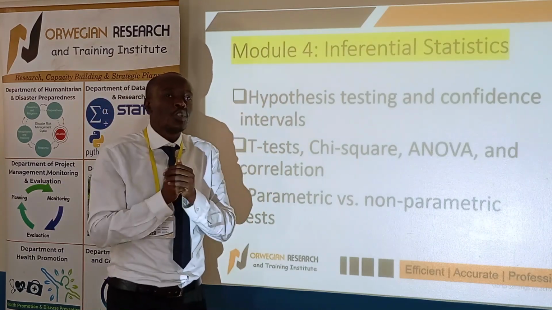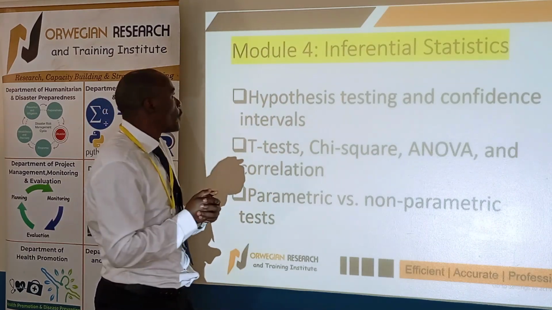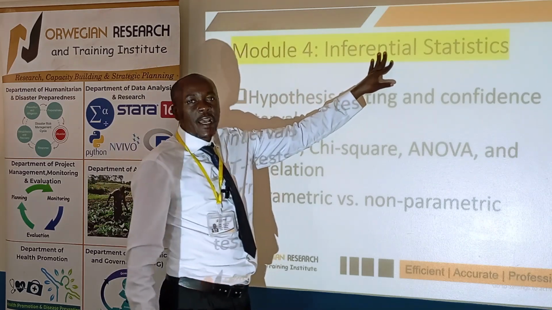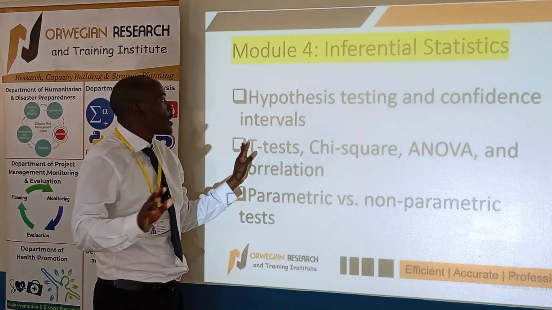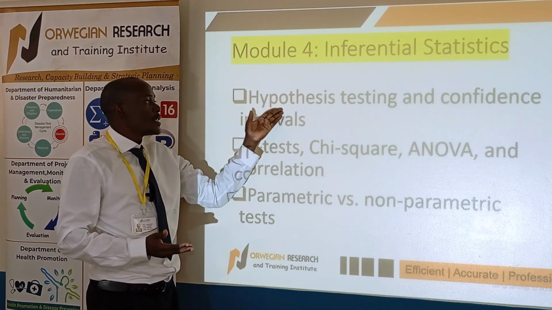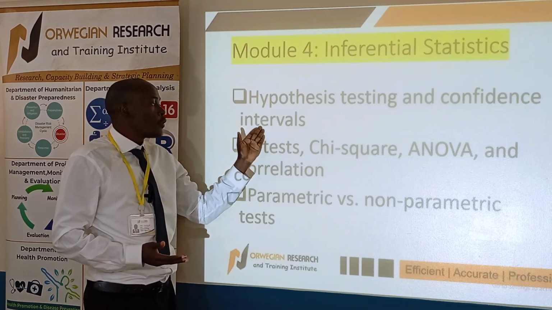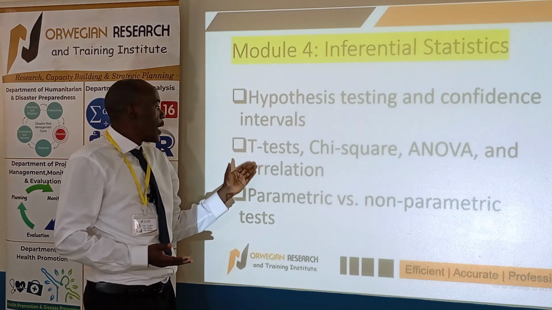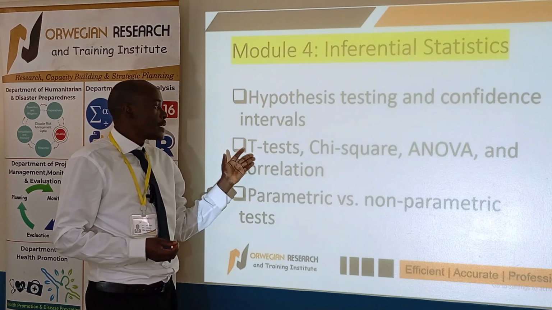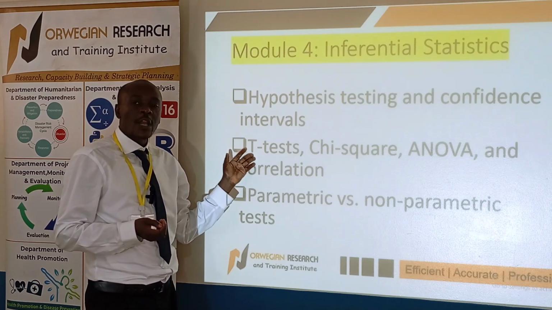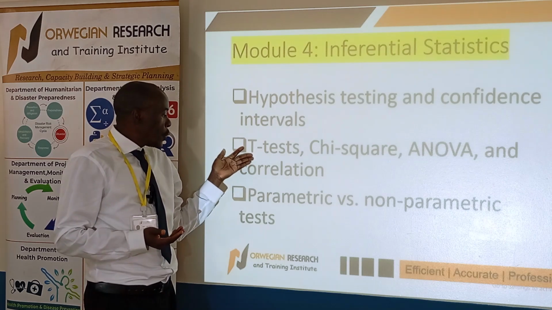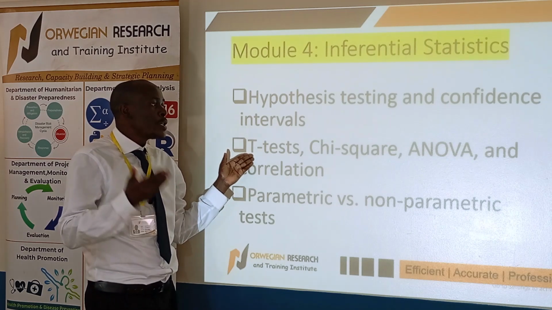What exactly are we going to cover in our module 4? In module 4, we shall look at what we call inferential statistics. The inferential statistics will begin from the basis of hypothesis testing and confidence intervals. Now, we shall look at the t-test, the ANOVA, the paired sample t-test, the independent sample t-test, and the Mann-Whitney U test.